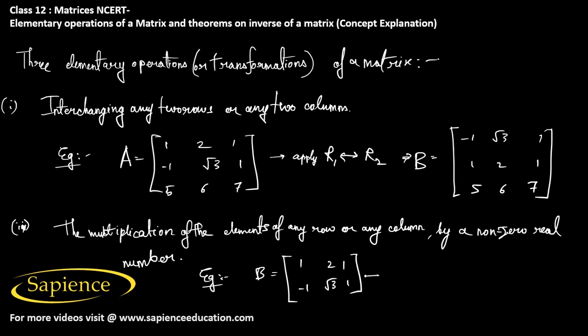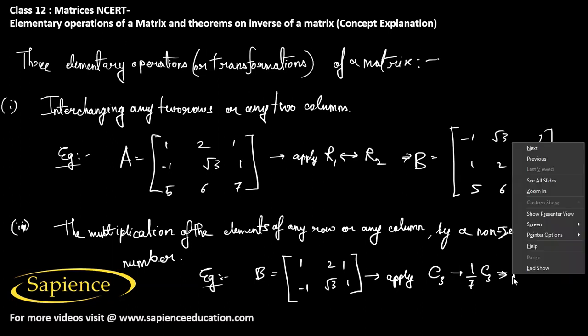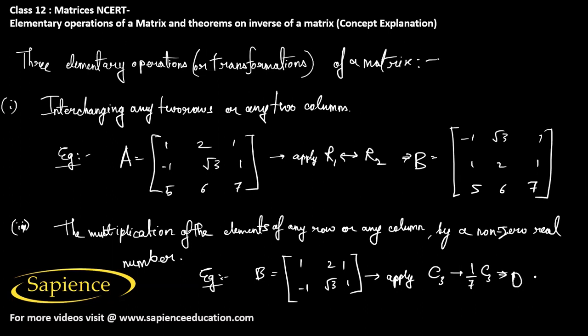On this matrix B, we apply the elementary operation C3 goes to 1 by 7 C3. It means all the elements in the third column should be multiplied by 1 by 7. Then we get the matrix D, which is 1, 2, 1 by 7; minus 1, root 3, 1 by 7.